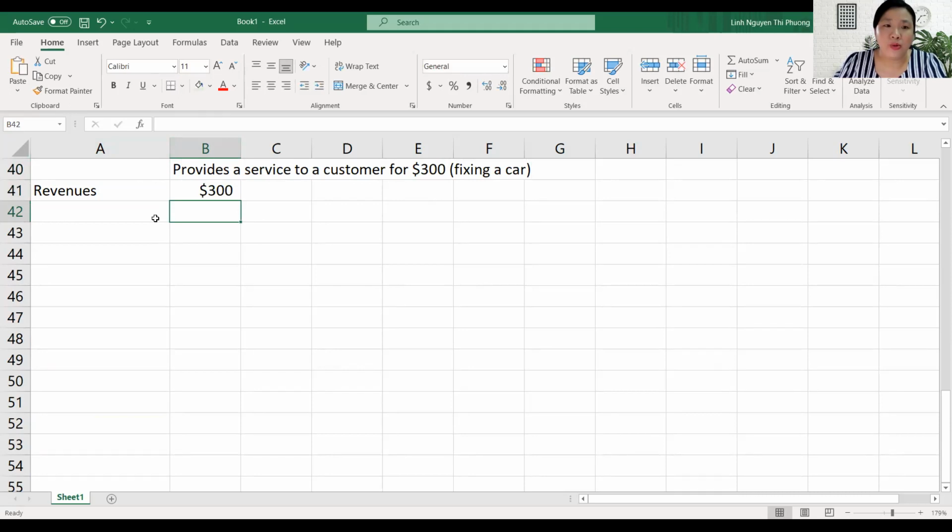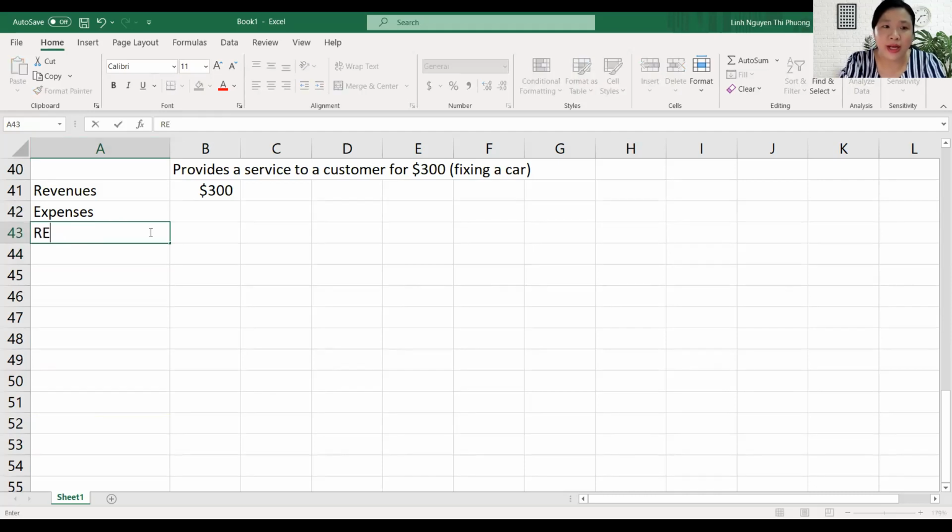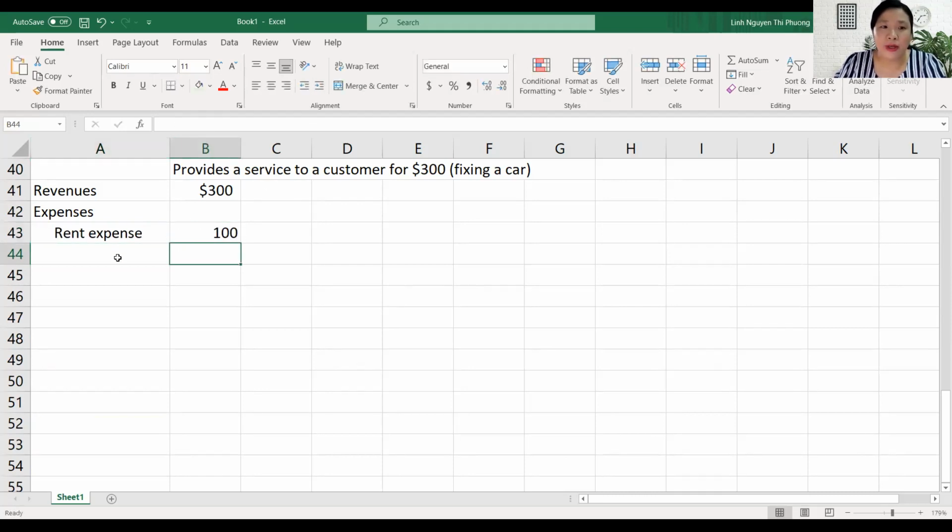But then we have to pay some expenses. So what are the expenses that we need to pay? For example, we have to pay for the rent, because we have to rent the shop, so it will be $100 per month. And if we pay for the salary for our worker, so we have salary expense.